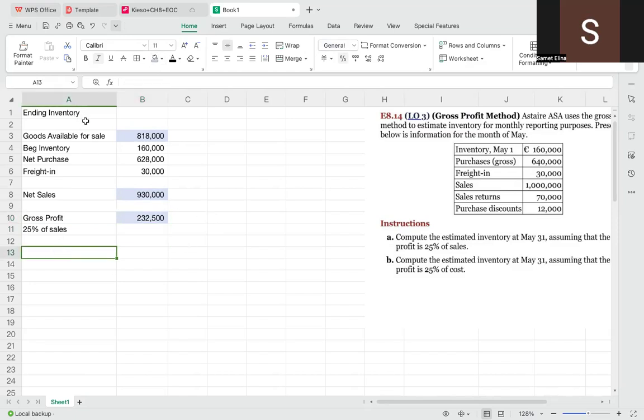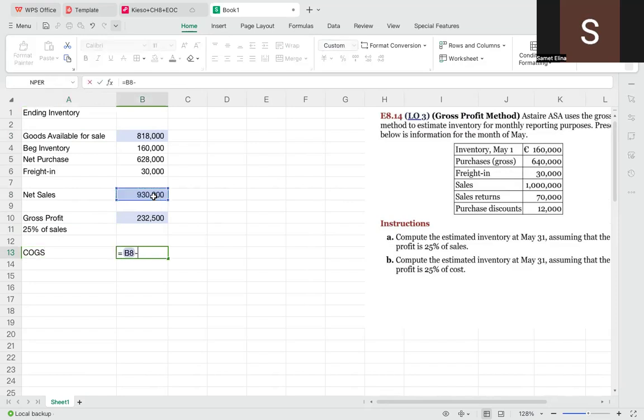And ending inventory equals goods available for sale minus our COGS. COGS equals net sales minus gross profit, right? So COGS is this amount and goods available for sale is this amount.